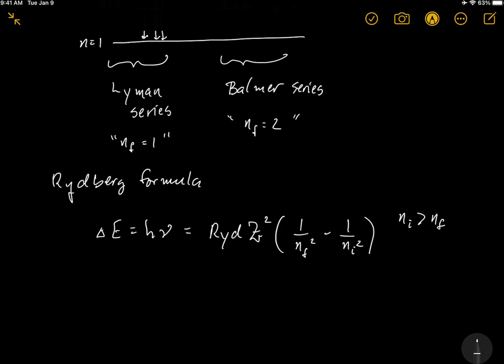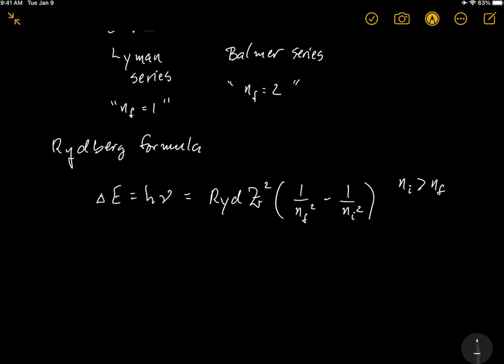Okay, so now that we've discussed energy levels and something a little bit related to the energy levels, which is the line spectrum, let's move on to the wave functions, the radial parts and the angular parts of the wave functions.